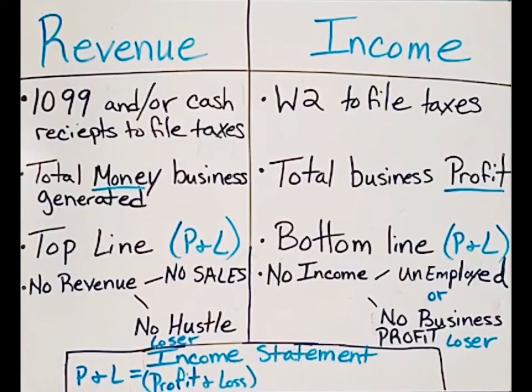And on our bottom line will be our net income. The net income is literally on the bottom line of our income statement. Net income is the last number you will see listed on our income statement or our profit and loss statement.